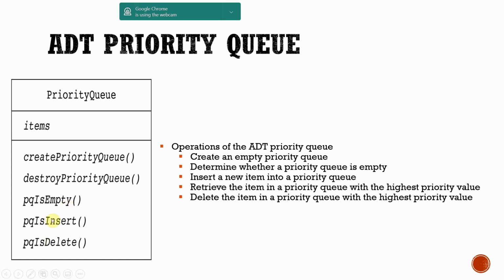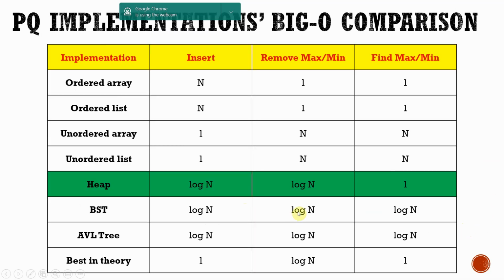More importantly, inserting or deleting, and also retrieving the data with the highest priority. So not changing the priority queue, but just picking, right? Basically finding the entry with the highest priority. These are some of the typical operations that we have for a priority queue.